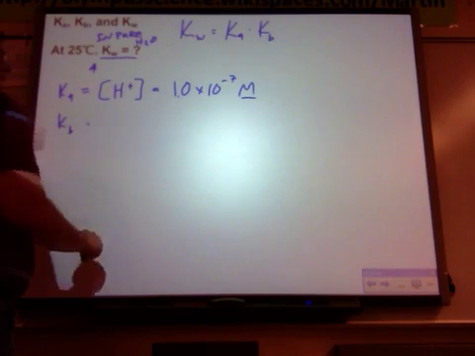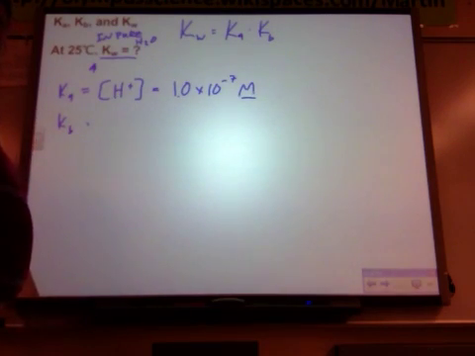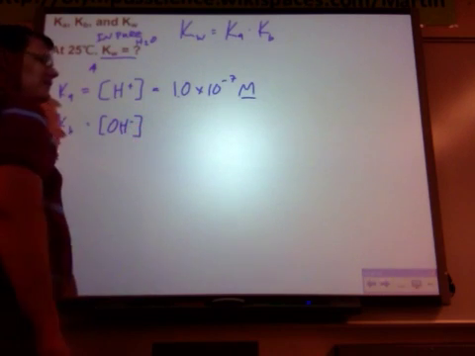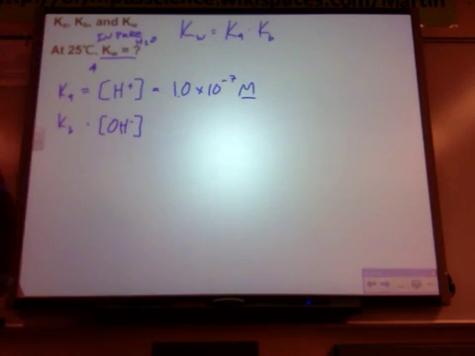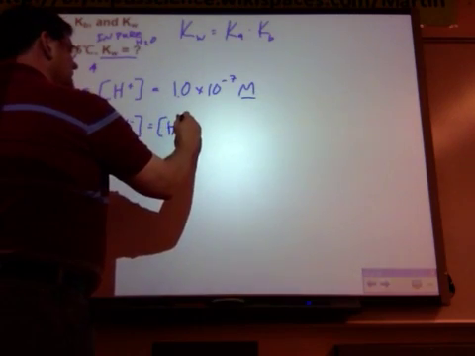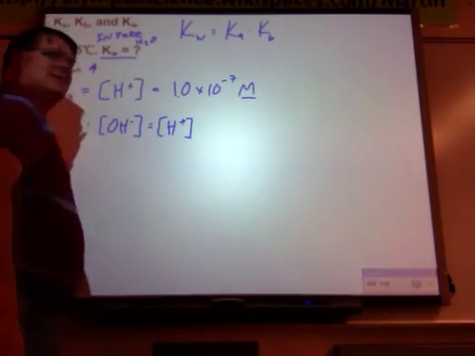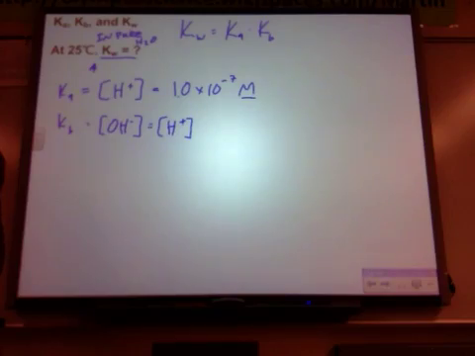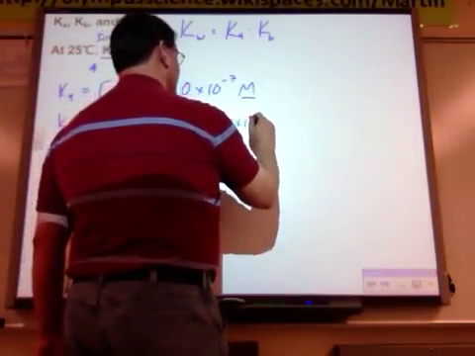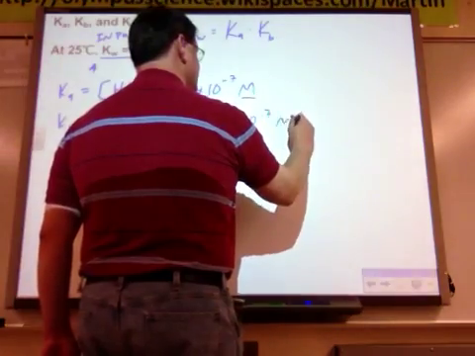Kb is equal to the concentration of hydroxide ion, which in the case of pure water is by definition the same as the concentration of the hydrogen ion, which makes it 1.0 times 10 to the minus 7 molar as well.